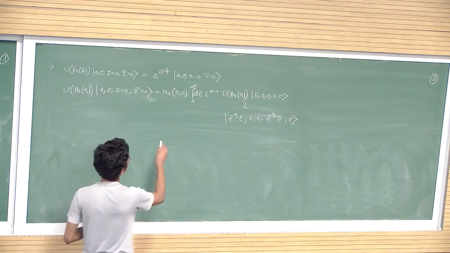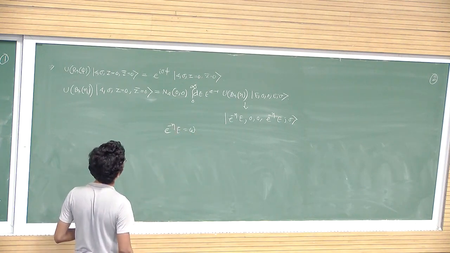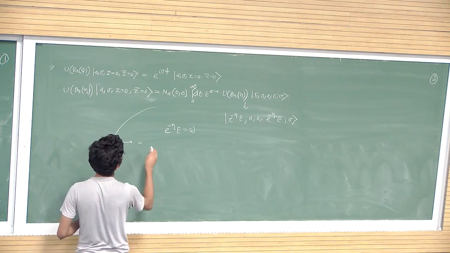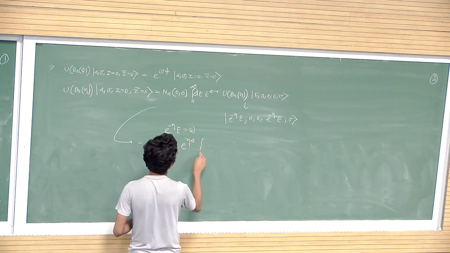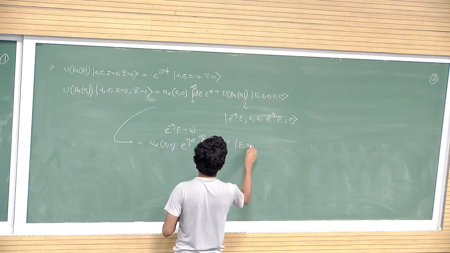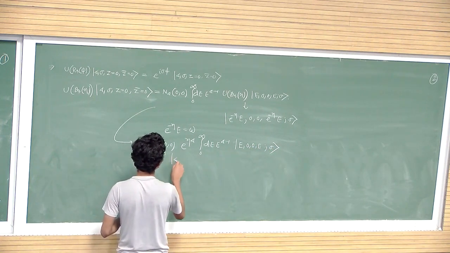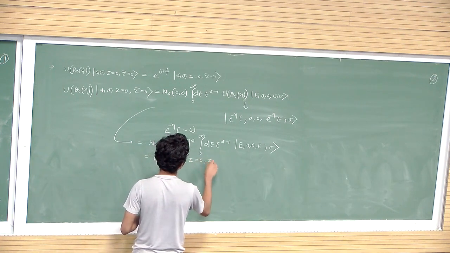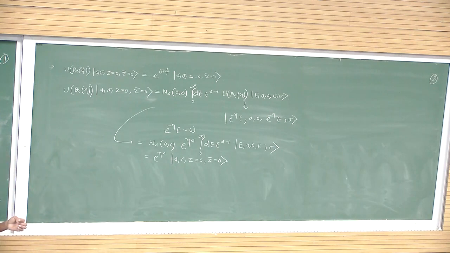Now you redefine a variable. You call e to the minus eta E something like omega, and then you can change these things, and finally what you will see is that this thing will be e to the eta delta times the same state.